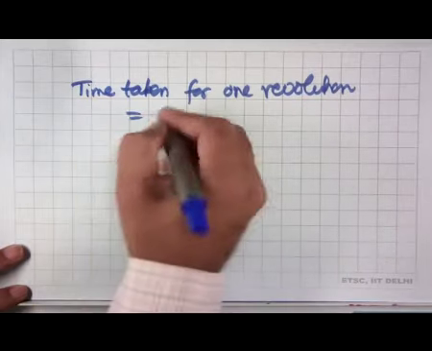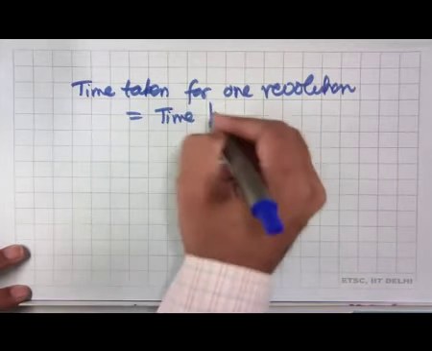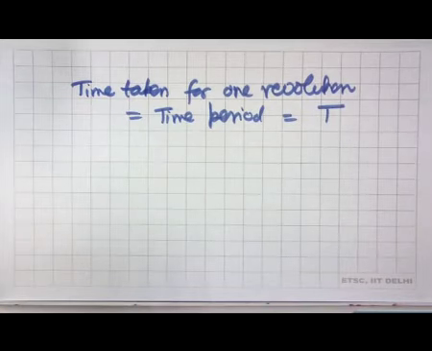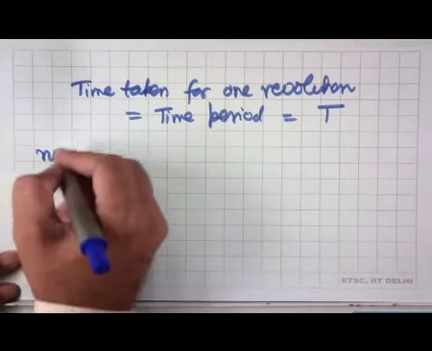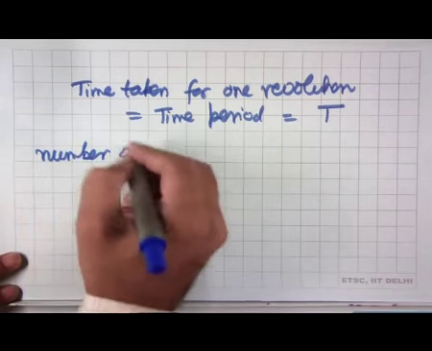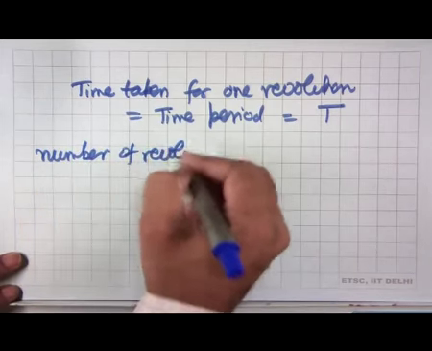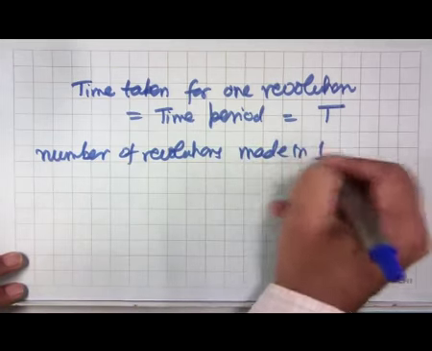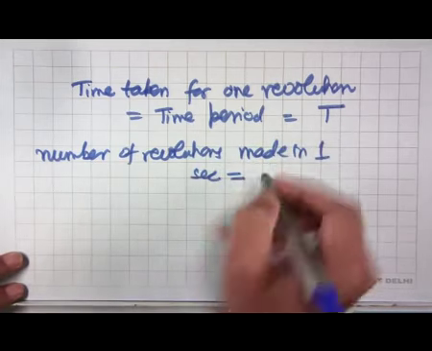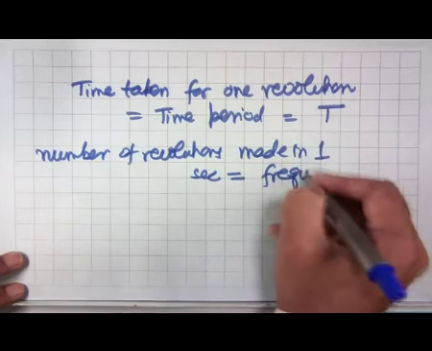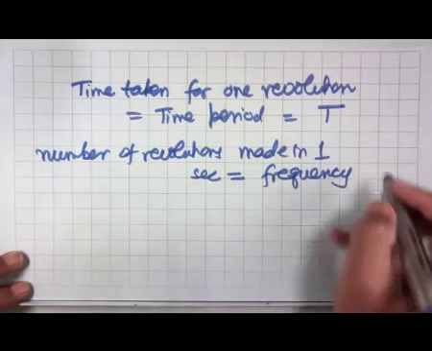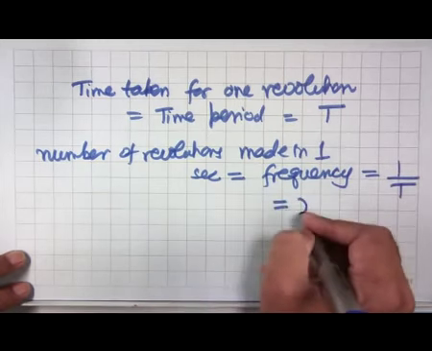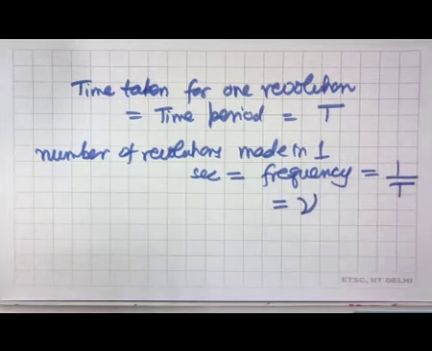This is called the time period, and the symbol used for this is capital T. The number of revolutions made in 1 second is defined as the frequency, and this will be equal to 1 over T, and the symbol used for frequency is the Greek letter nu.